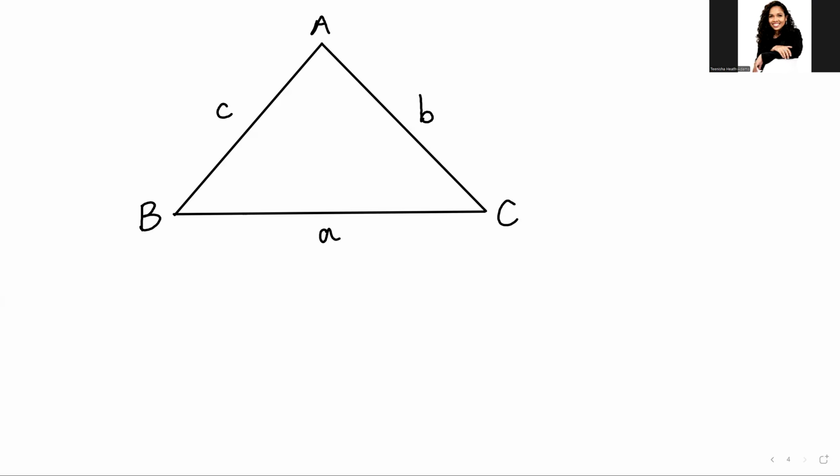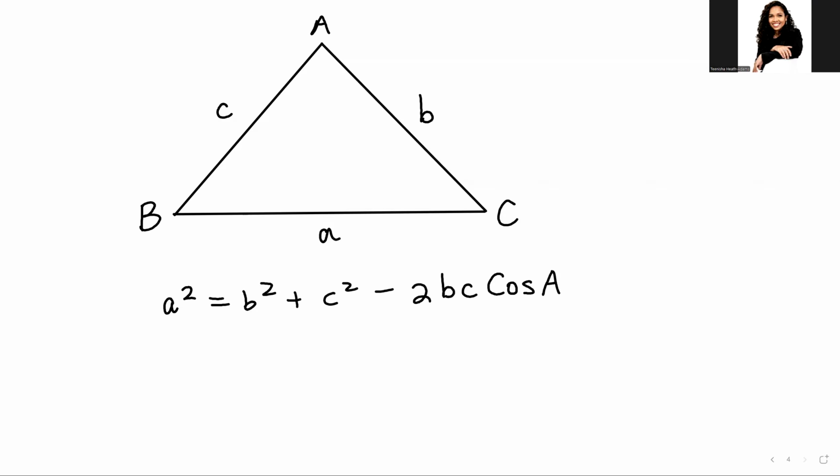The cosine rule and the sine rule. We use the cosine rule and the sine rule, right? So, Tristan, do you know the cosine rule by heart? A squared equals B squared plus C squared minus 2BC cos A, right?